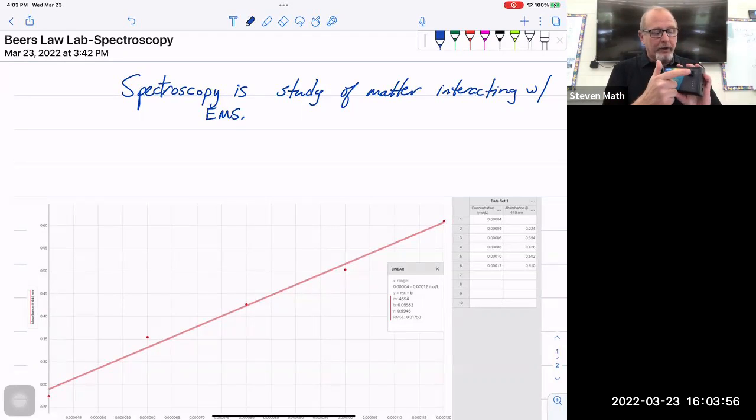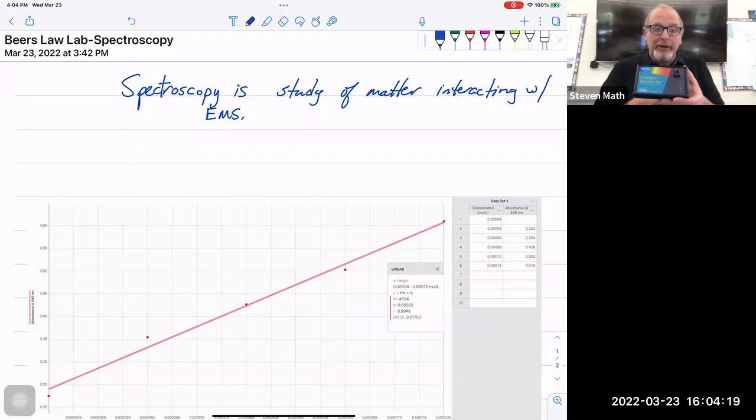When I push it down, this will shine a light through and measure how much light is absorbed or transmitted by a colored solution. This only works with substances that have pigment to them, so a lot of transition metal substances work like this. This is how I collected this data.